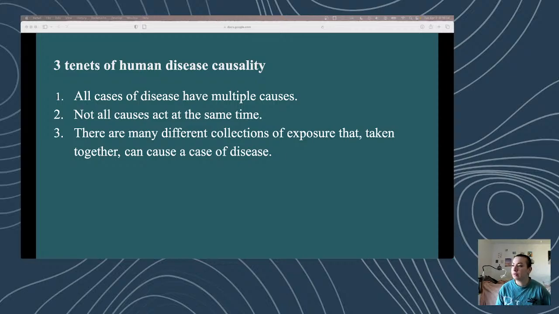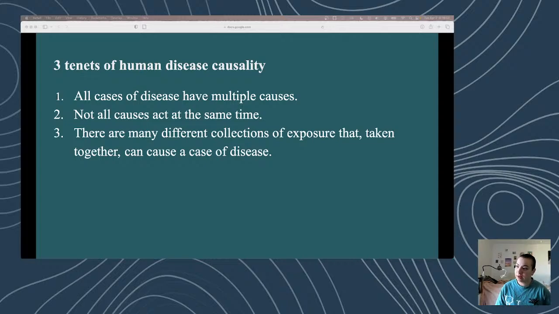You can accrue those over the life course, and we'll see a good graphic depiction of that toward the end of this lecture. And three, that there are many different collections of exposures that, taken together, can cause a case of disease. It's not always just obesity, poor diet, low physical activity.